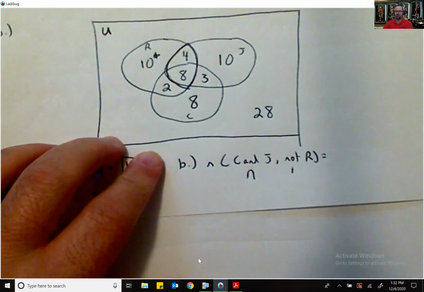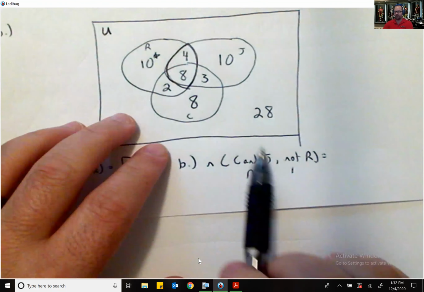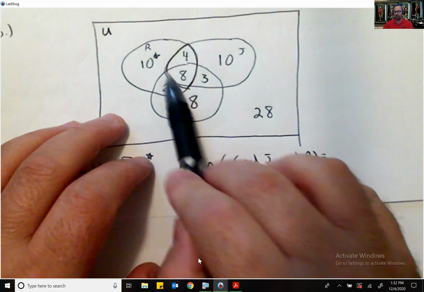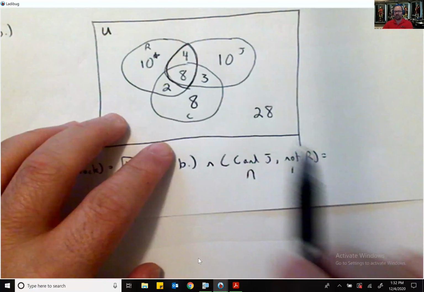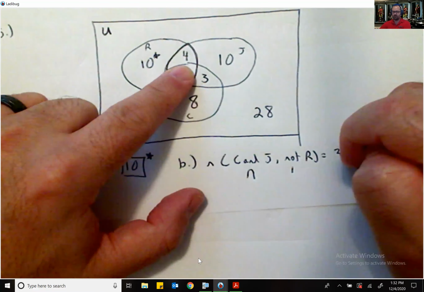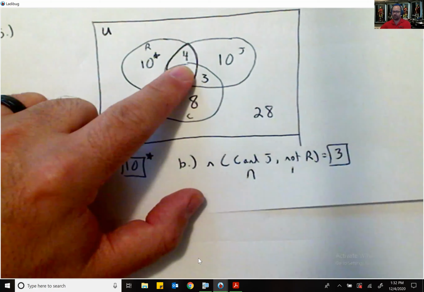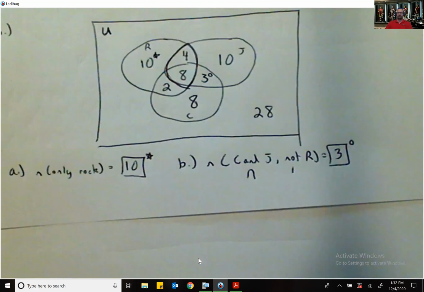So when you look at what classical and jazz have in common, it's really the football that's right here. But we don't want any rock. So you have to take out the 8, which leaves you only with the 3. We'll put a circle by that. That's where this number came from.